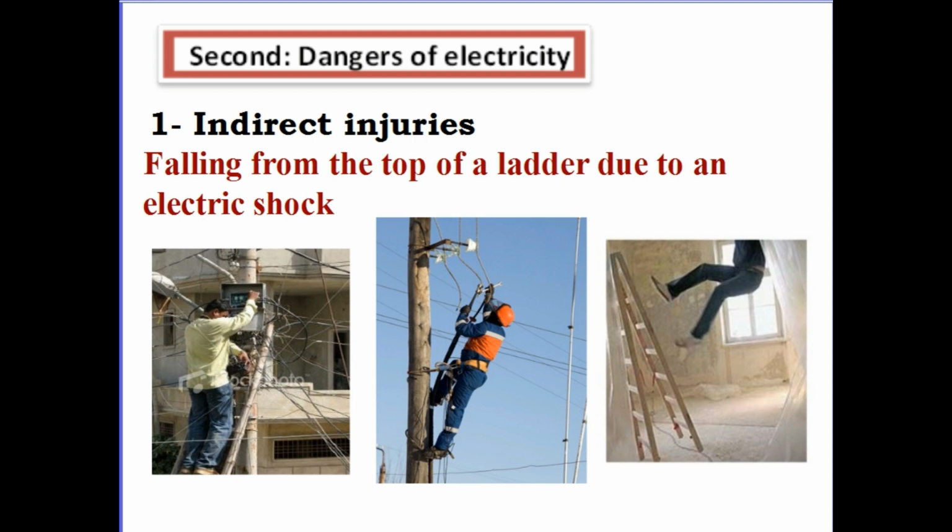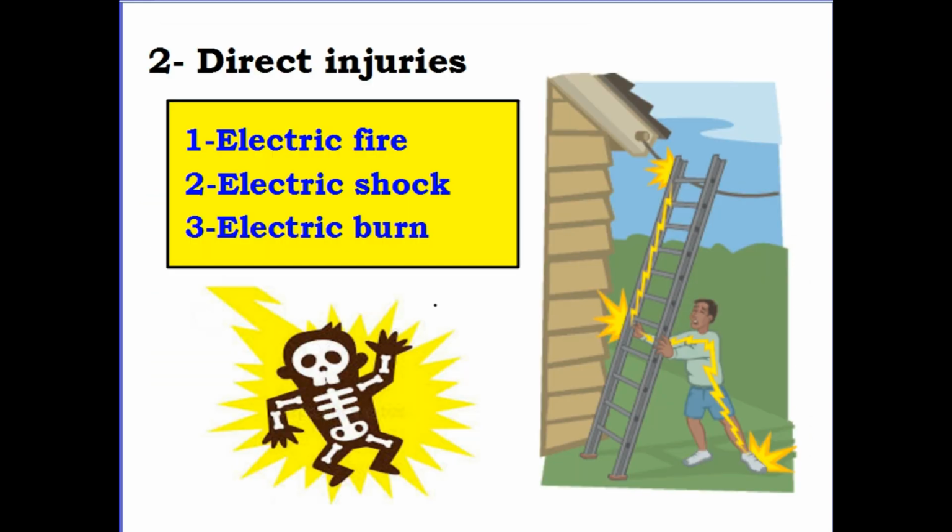I mean, he got an electric shock at the beginning, and after falling down he had another problem, which maybe is that he broke his arm or his leg, or maybe it was something more serious that may cause death. Okay, so the example of the indirect injuries is falling from the top of a ladder due to an electric shock. Okay, now let's move to the direct injuries.